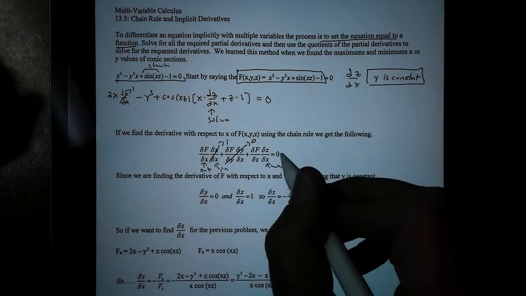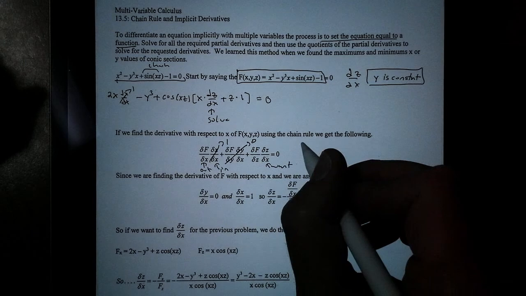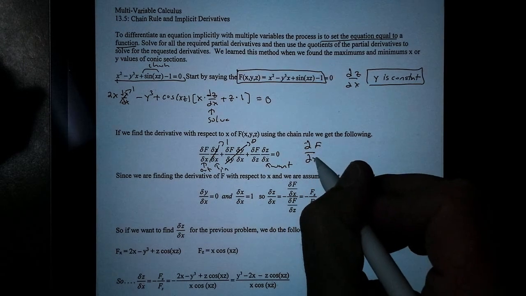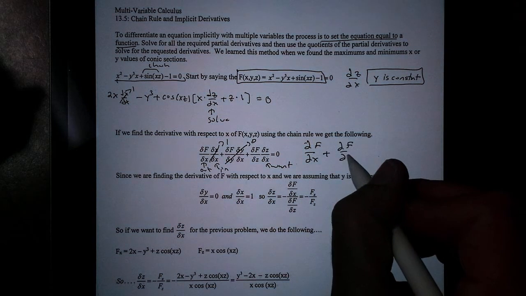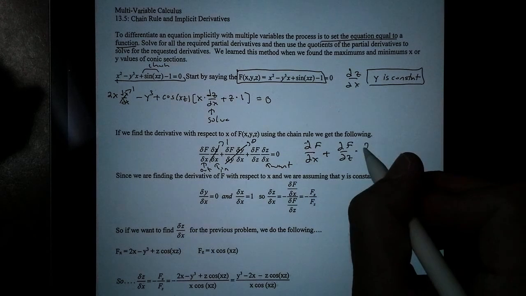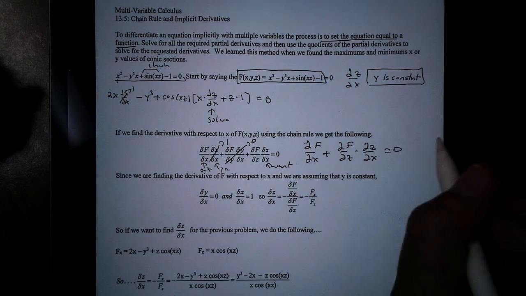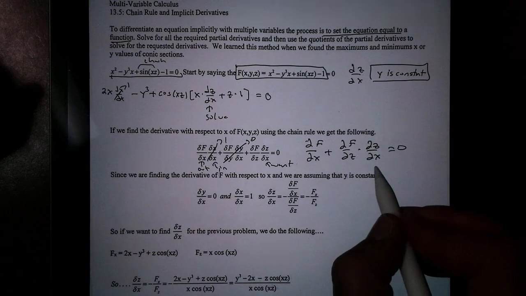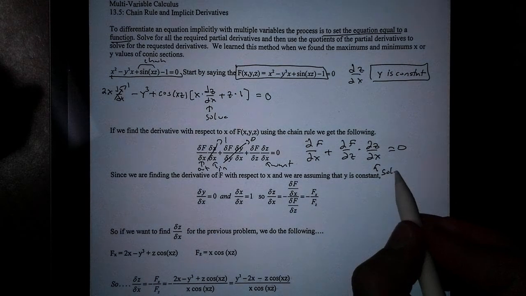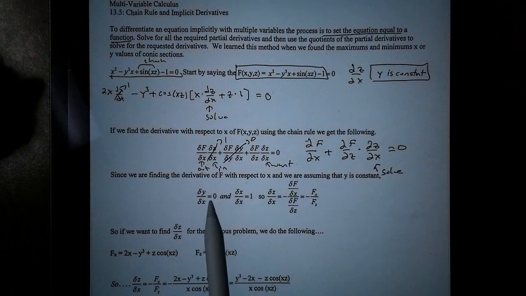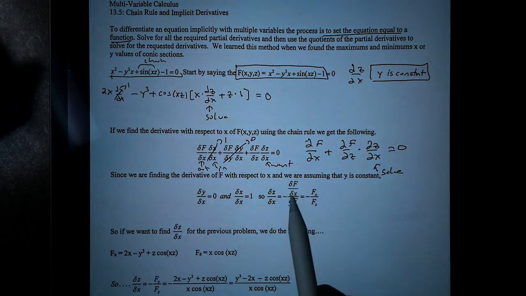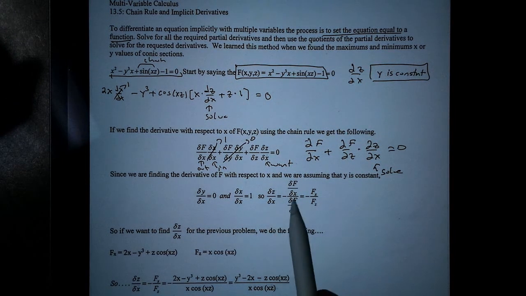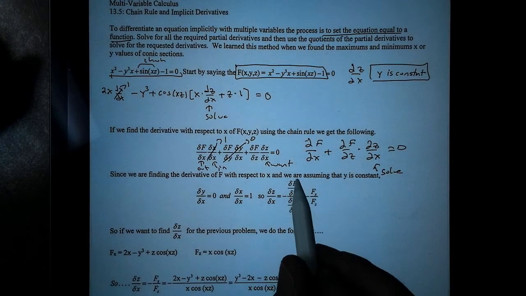So in other words, we're left with just the partial of f with respect to x, plus the partial of f with respect to z times the partial of z with respect to x, equal to 0. And I can solve for this, because that's what we want to find. Since the partial of y with respect to x is 0 and the partial of x with respect to x is 1, if I solve for the partial of z with respect to x, we would just get the partial of f over x divided by the partial of f over z, and the partial of f terms would just cancel out.